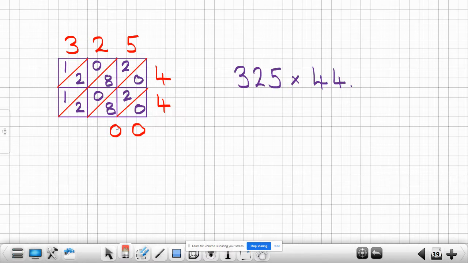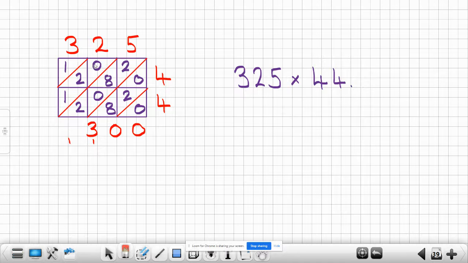So we're going to put a 0 and carry 1 for our next answer. Here's our next diagonal. So inside here we have 2, 8, 0, 2. 8 plus 2 is 10. 10 plus 2 is 12. Don't forget to add that 1 we carried over. So that's 13. And again, we're going to carry 1.